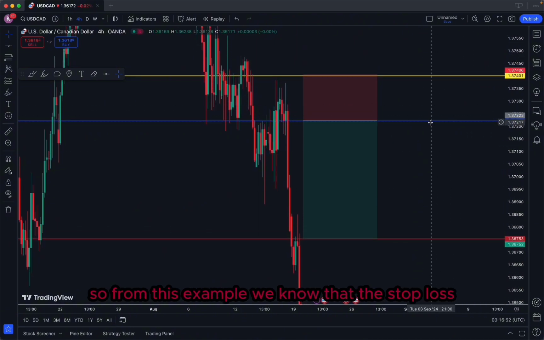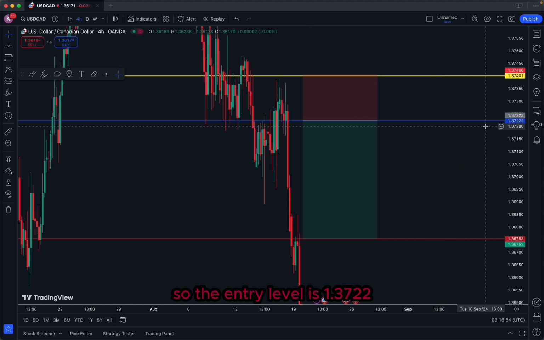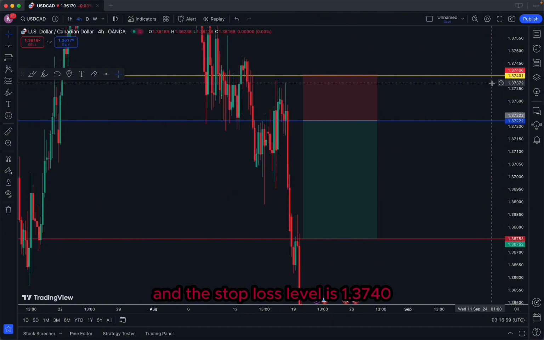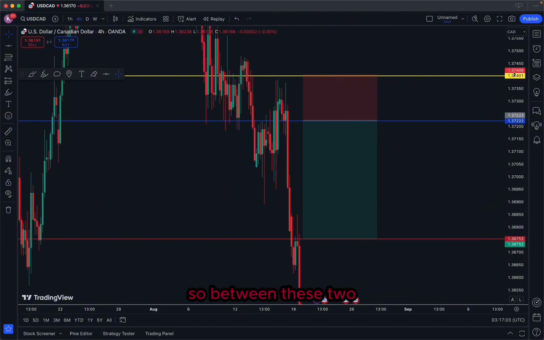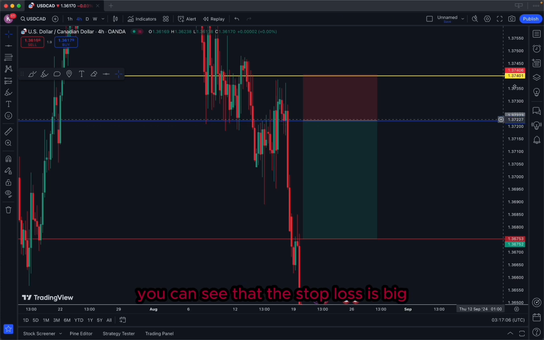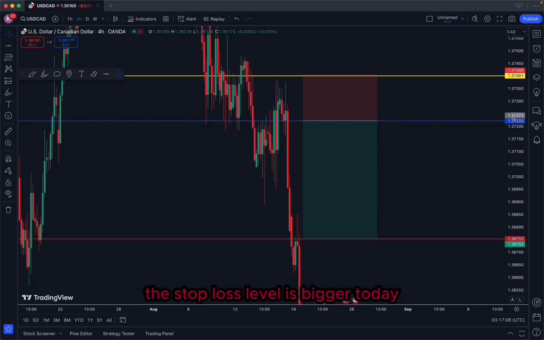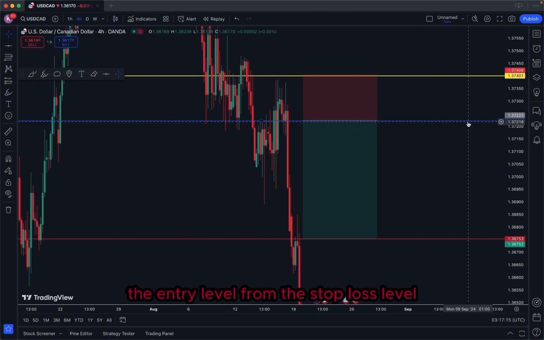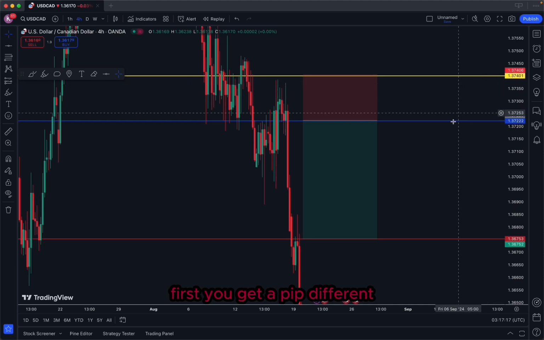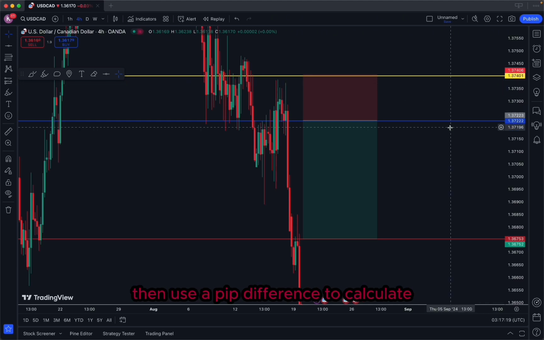From this example, the entry level is 1.3722 and the stop loss level is 1.3740. Between these two, you can see that the stop loss level is bigger than the entry level. So we subtract the entry level from the stop loss level to get the pip difference. Then we use the pip difference to calculate the lot size for this particular trade.